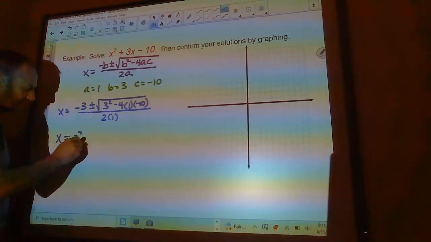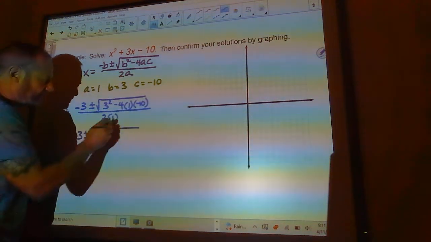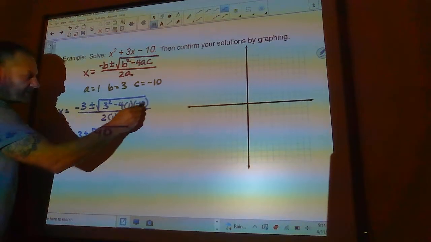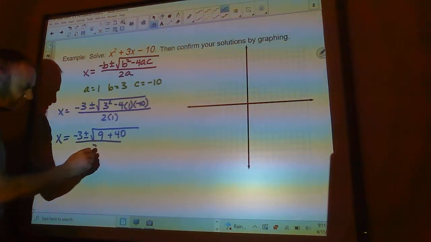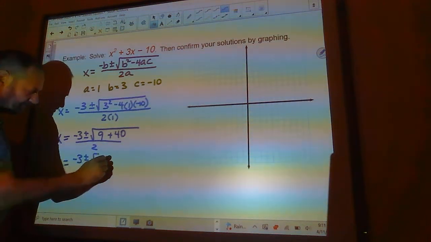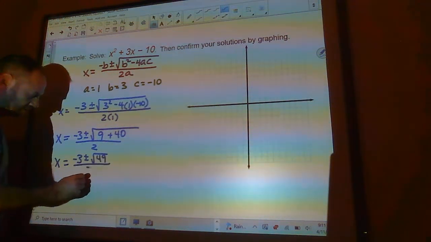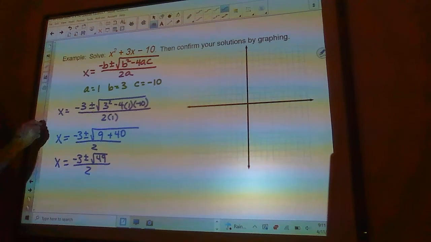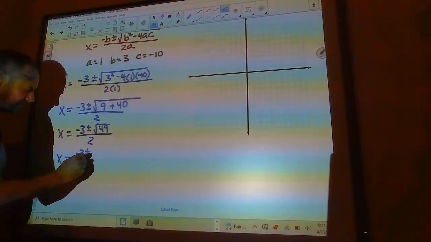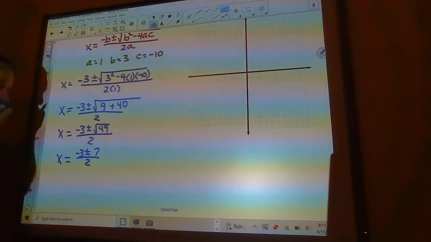X equals negative 3 plus or minus the square root of 9 plus 40, that's this, all over 2. So x is negative 3 plus or minus the square root of 49 over 2. And x is negative 3 plus or minus 7 over 2.